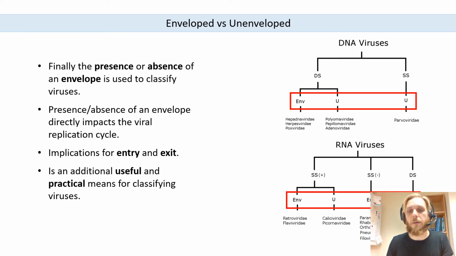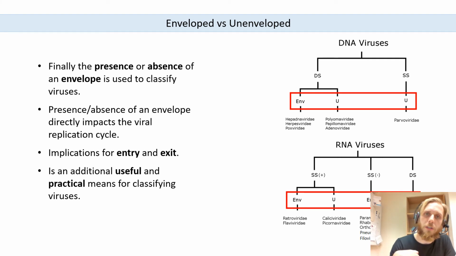In terms of how this envelope, if it's present, impacts how the virus replicates, we have to think about where the envelope comes from. And this is key. The envelope is derived from the host cell membrane. So the envelope is actually a small portion of the host cell membrane that the virus steals when it leaves an infected cell.